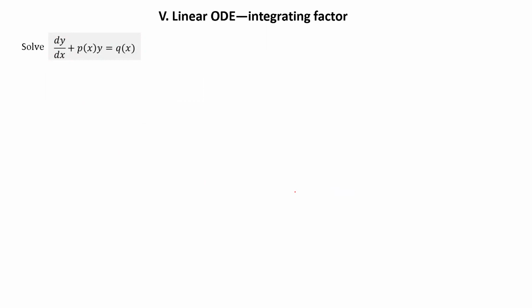If I have this equation, then I have dy/dx equals q of x minus p of x times y. Because of the fact that you have this p of x with this y, but this one does not have a y, you cannot just simply take this out.